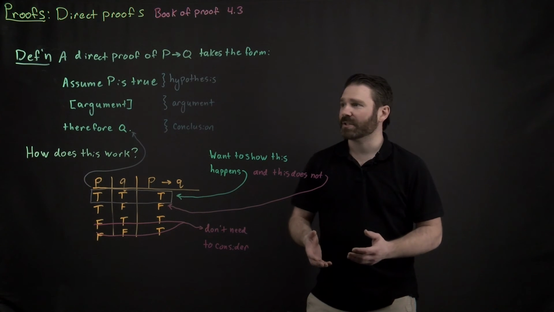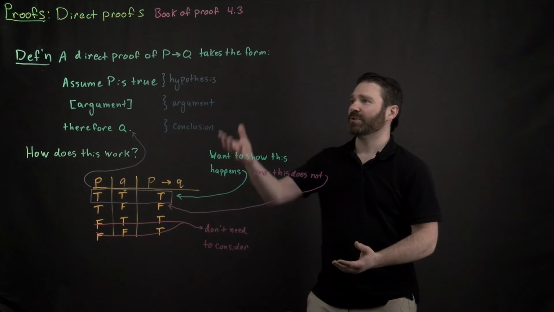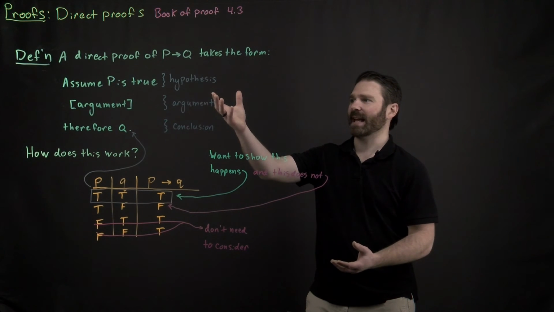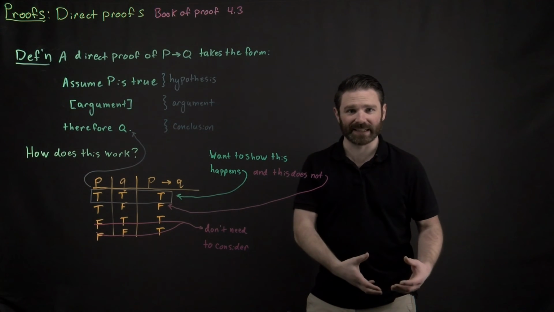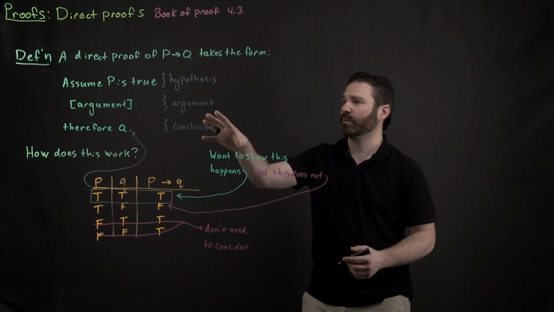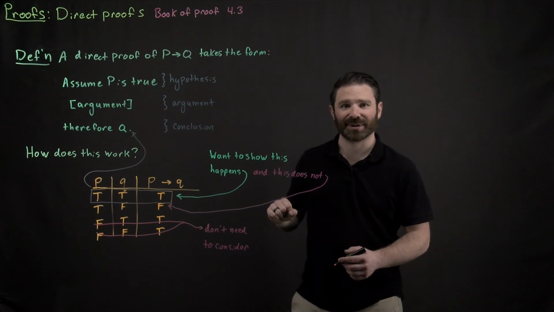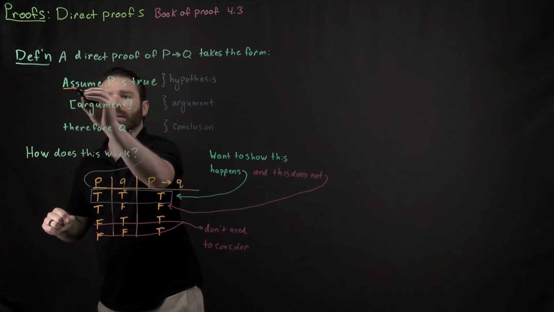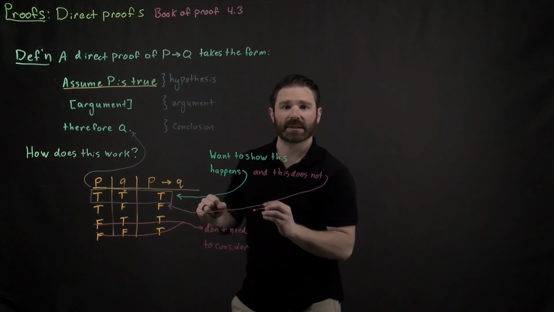So you might ask yourself, why would you want to have direct proofs as a proof technique in your toolkit? Well, it turns out the power behind a direct proof is this hypothesis right here. Assuming P is true.